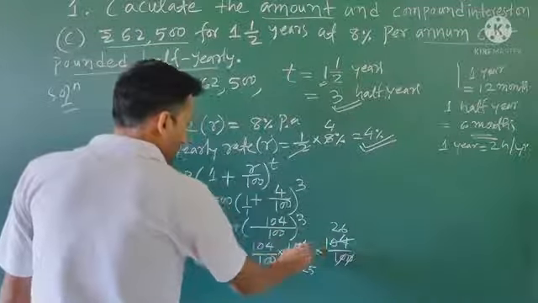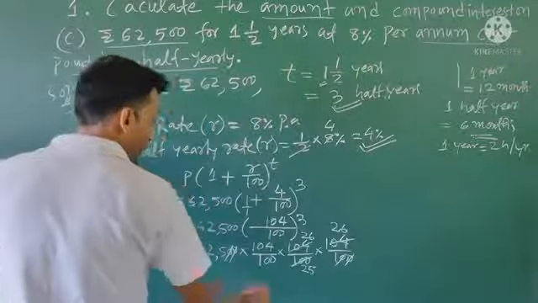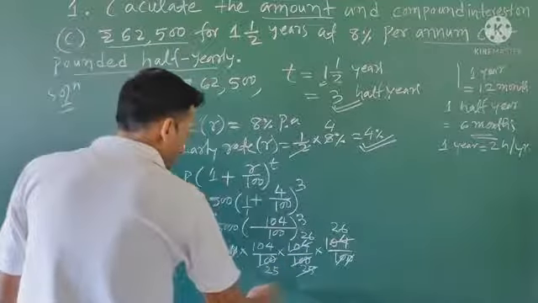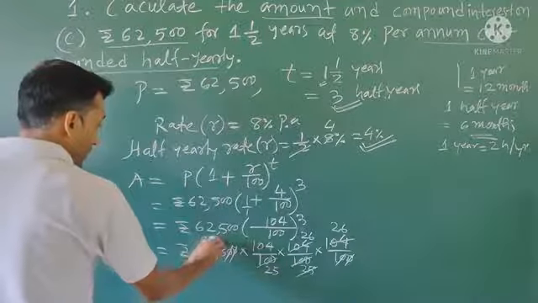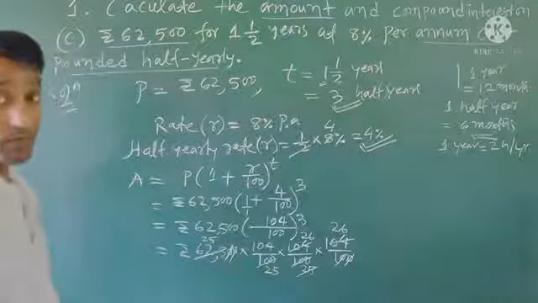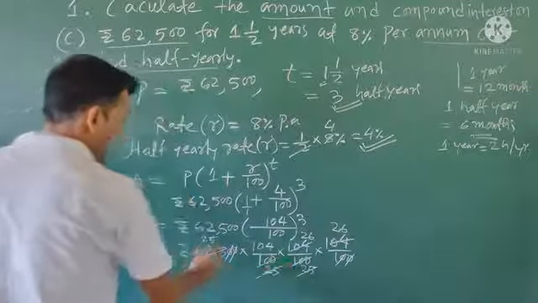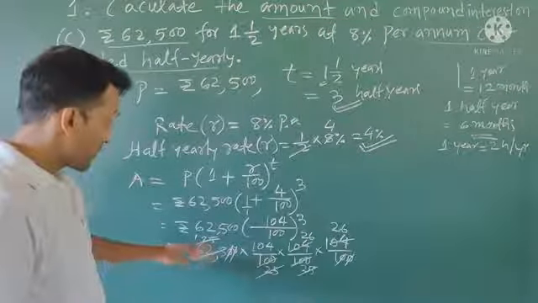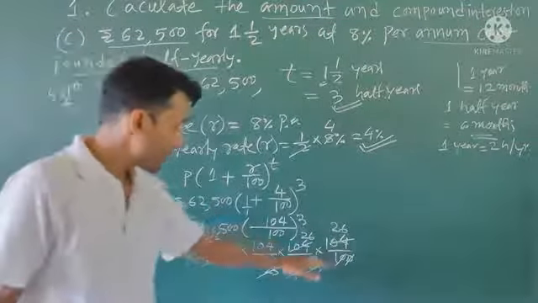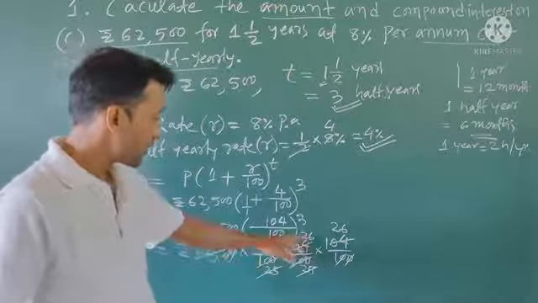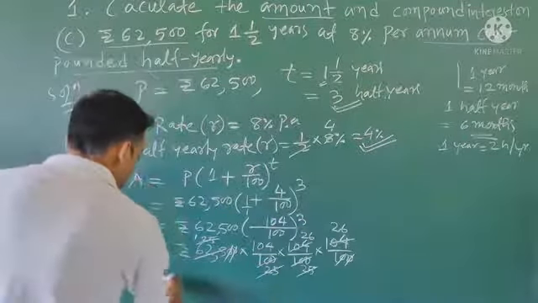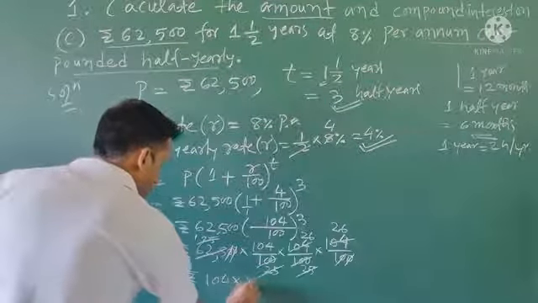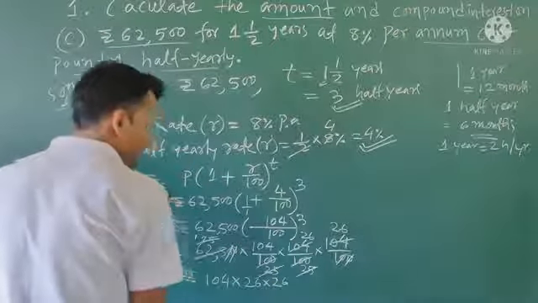Again 26 4s are 104, 25 4s are 100. Now you see 25 into 25 is 625. Again 25 1s are 25, we can cancel. So now denominator all cancel. You see 104, 26 and 26, these 3 are there. You multiply these 3.